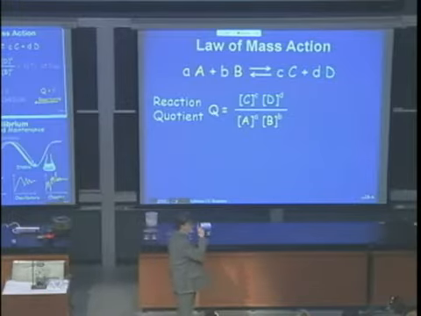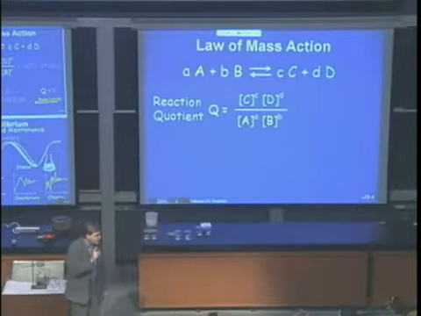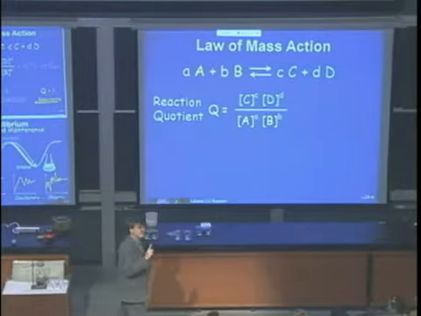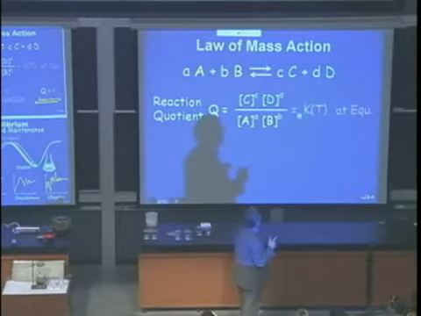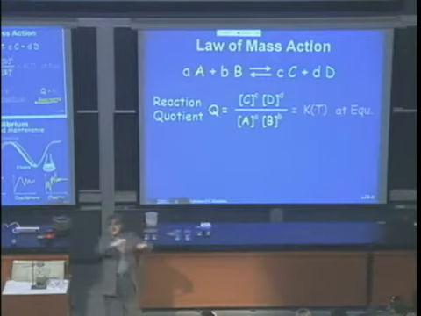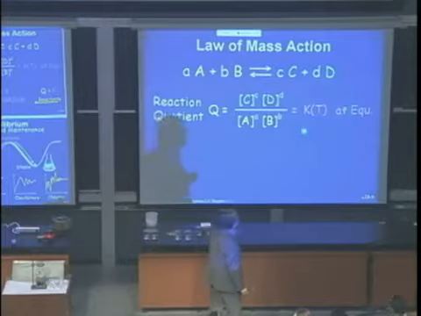When we have equilibrium, then we call this quotient the equilibrium constant, and we call it K. K at a given temperature is at equilibrium. That's the reaction quotient, which can be at any time totally out of equilibrium. We put in the concentrations of all 4 species, and if it doesn't get to K, then it's not in equilibrium.